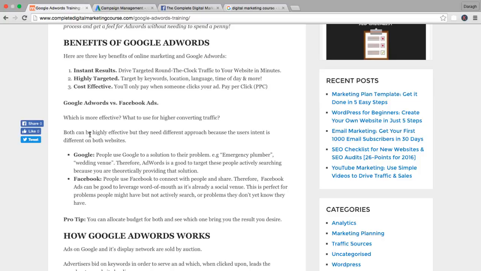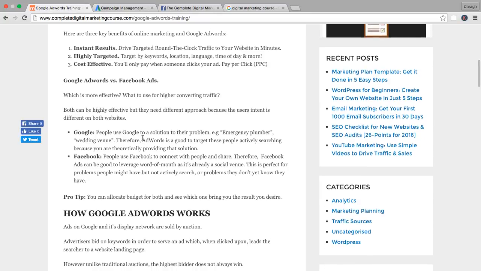My answer really is that both can be highly effective, but they need different approaches because the user intent is different on both websites. And this is the key thing to understand. There are different features and targeting options, but the key thing that you should keep in mind whenever you're considering these two or talking to other people about this is that the user's intent is different on both websites.